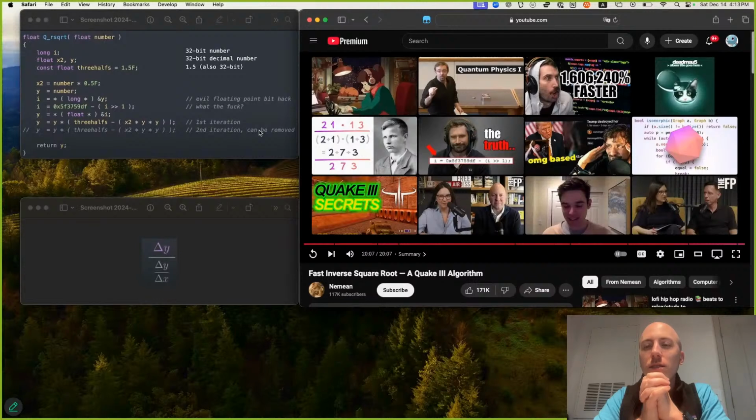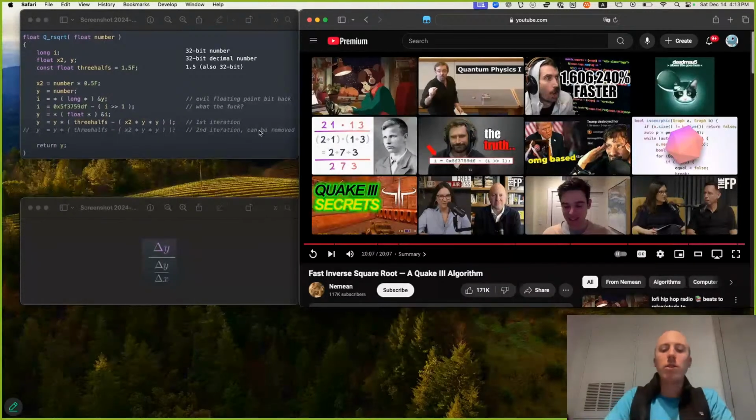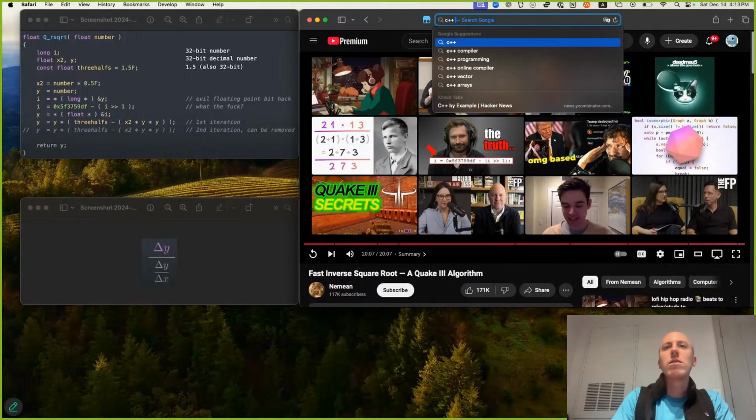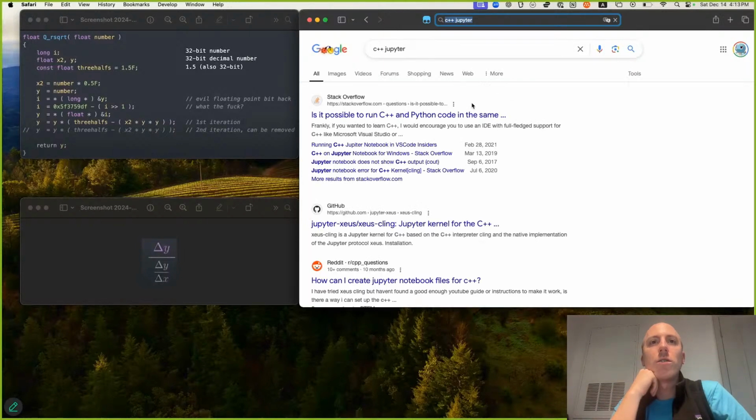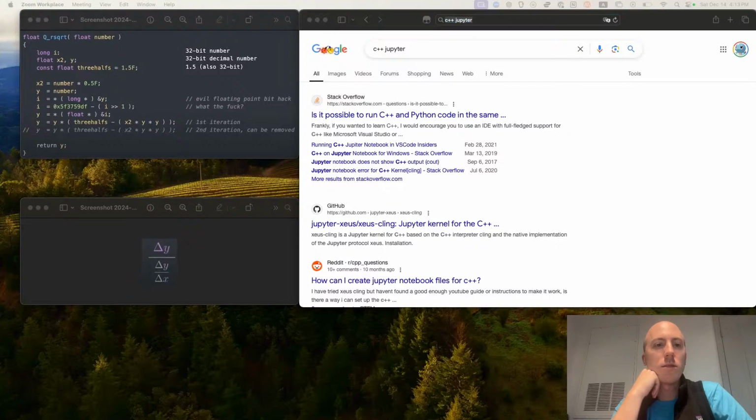I don't think the syntax highlighting worked, but I got that working at one point. There's this C++ Jupyter kernel. All right, can stop sharing the screen here.